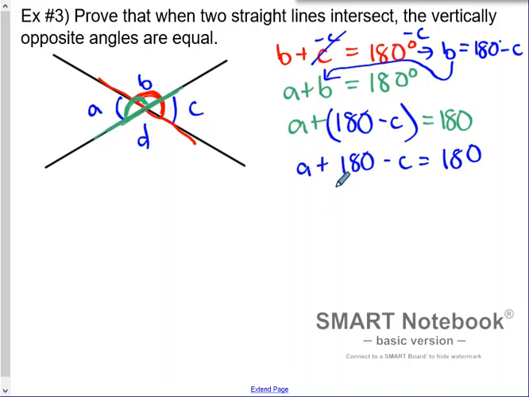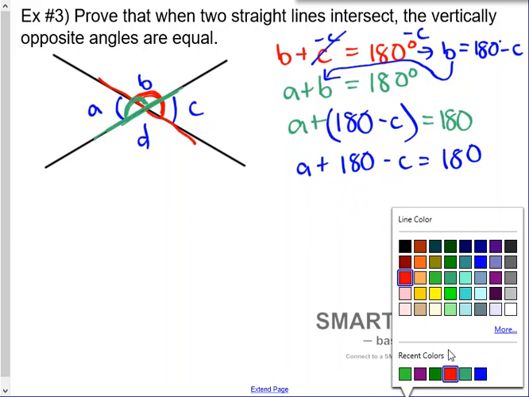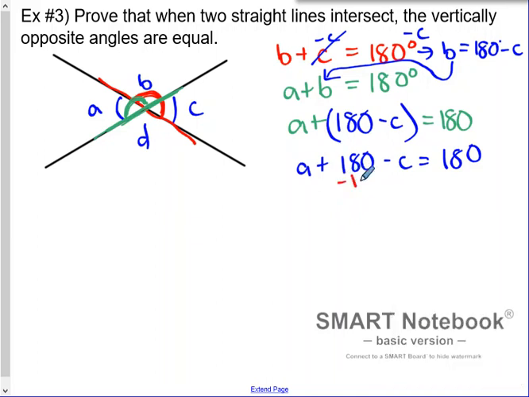So I want everything else off this side. So I'm going to get rid of this 180. So I'm going to subtract 180 from this side, subtract 180 from this side, 180 minus 180, it is gone. And oh, hey, 180 minus 180 here, also 0. Okay, so right now I have A minus C equals 0.